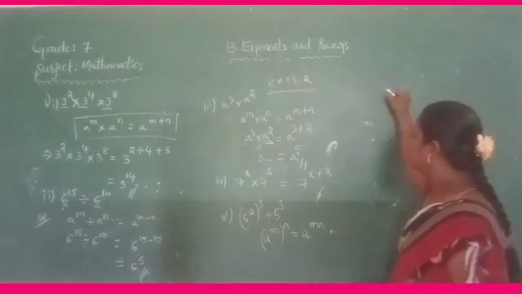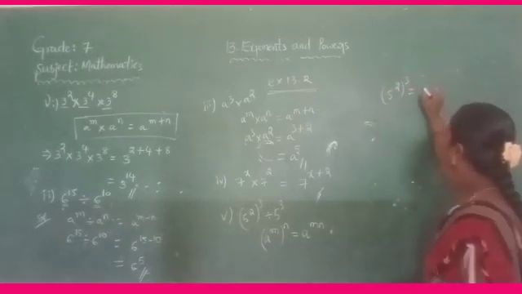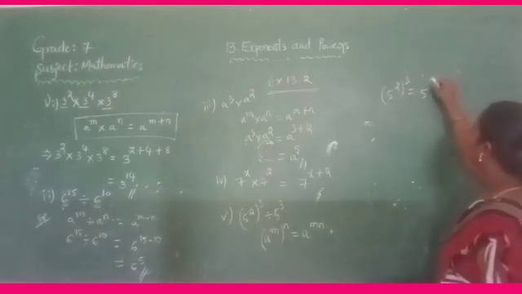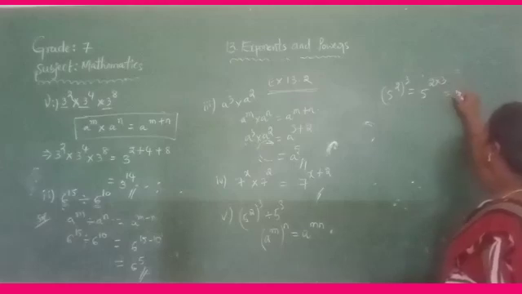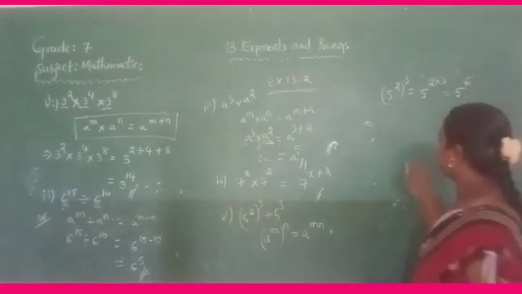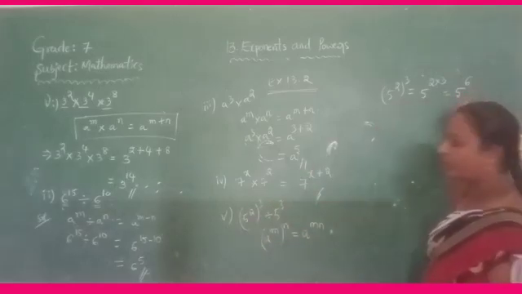So using that law we can simplify that 5 square whole cube is nothing but 5 to the power of 2 into 3, 2 3s are 6, 5 to the power of 6.